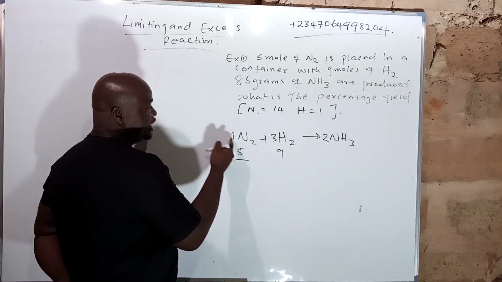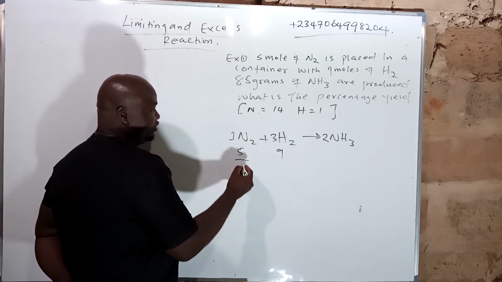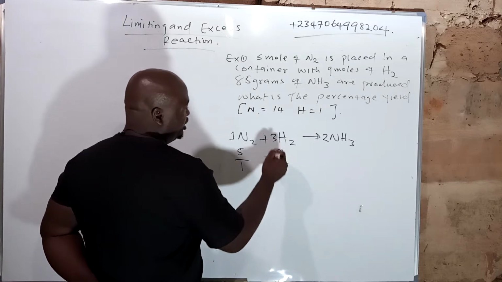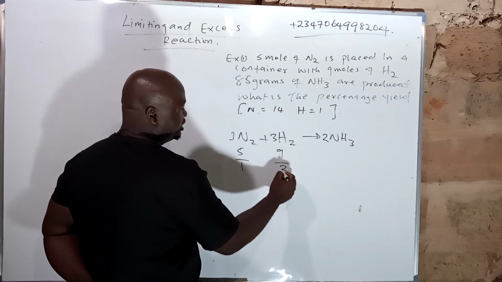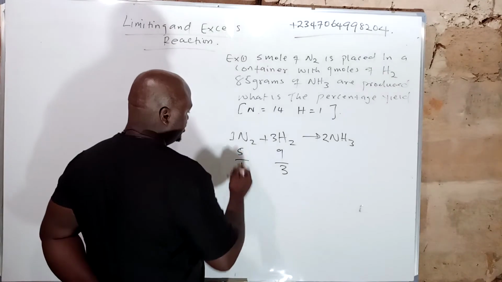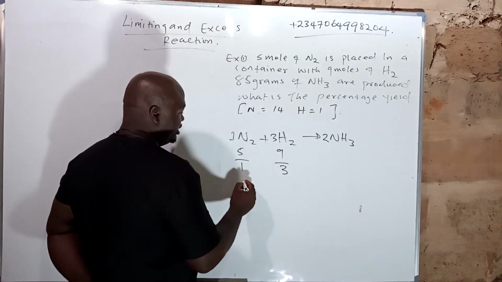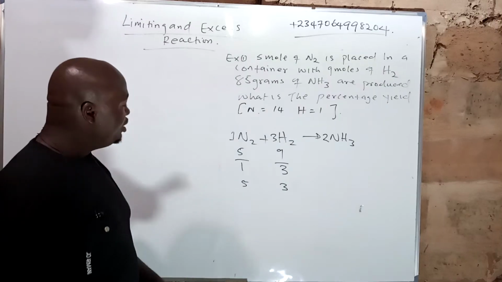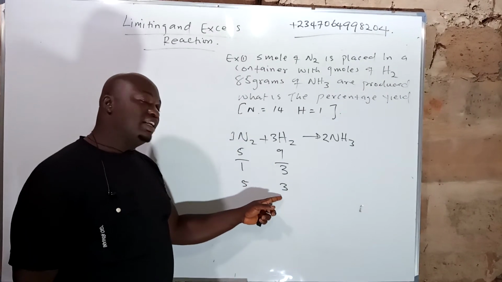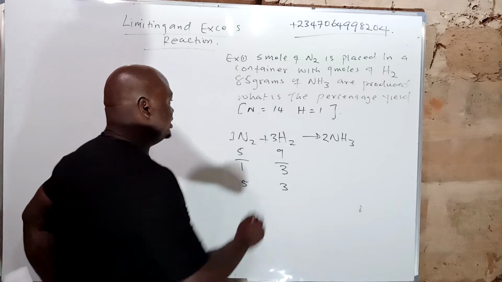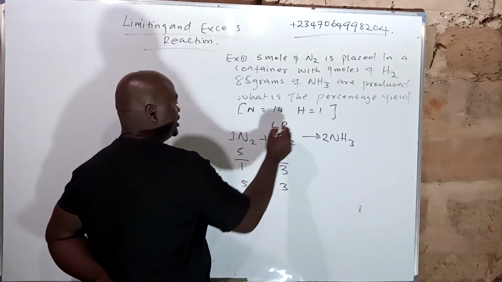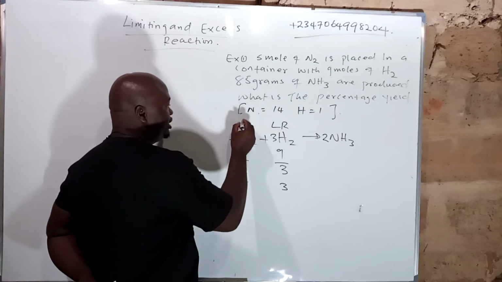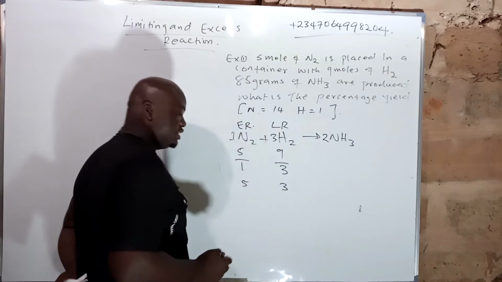The coefficient of nitrogen here is 1, and the coefficient of hydrogen here is 3, right? And so this divided by this should give you 5, and this should give you 3. Now, you can see that hydrogen has the lesser number. Therefore, it is the limiting reactant. And this one has the higher number. Therefore, this one is the excess reactant.